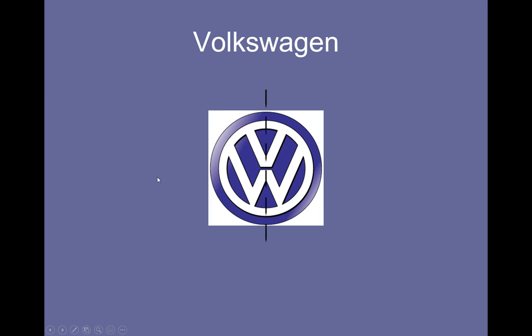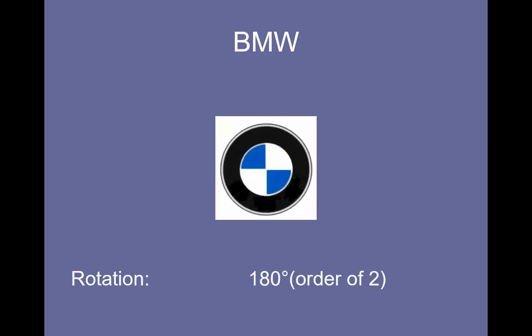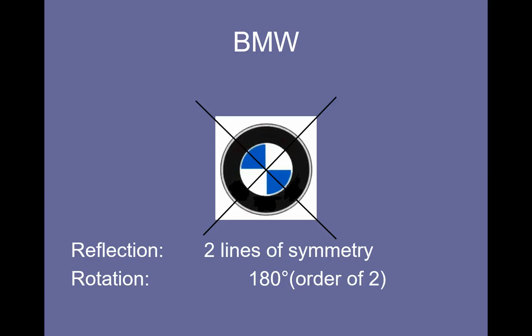Can you see that it has line symmetry, but no rotational symmetry? Okay, here's the next one. That is BMW. Does it have any symmetry? Yes, it does. It has rotational symmetry and line symmetry, 2 of them.